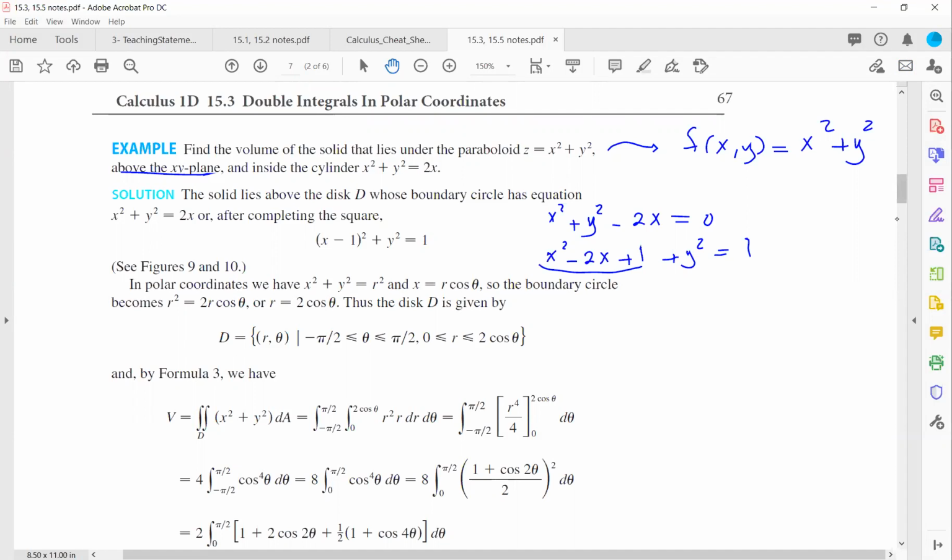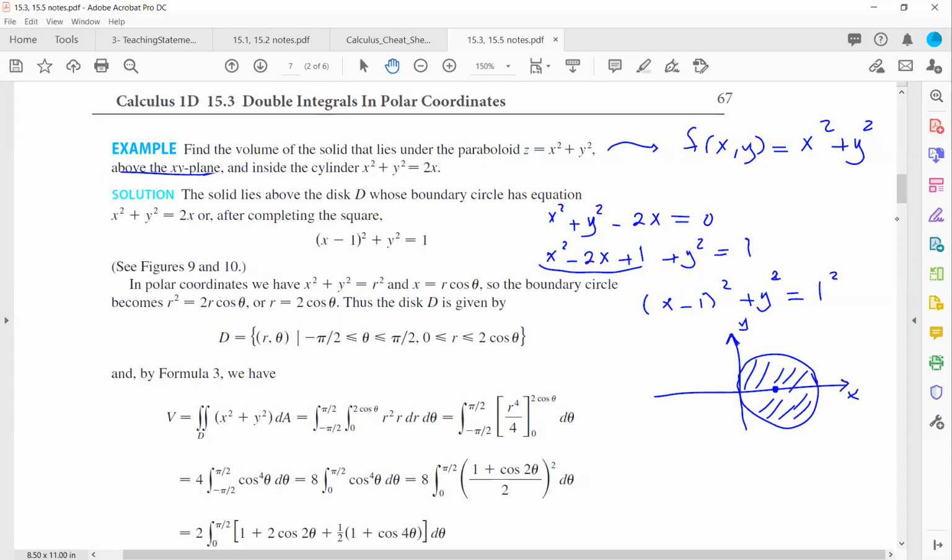If you group these together, you get x minus 1 squared plus y squared equals 1 squared. But what is this shape? This is a circle centered at (1, 0) with radius 1. This is your shape here.